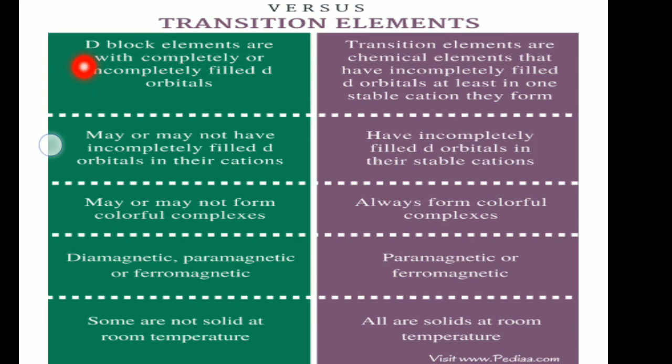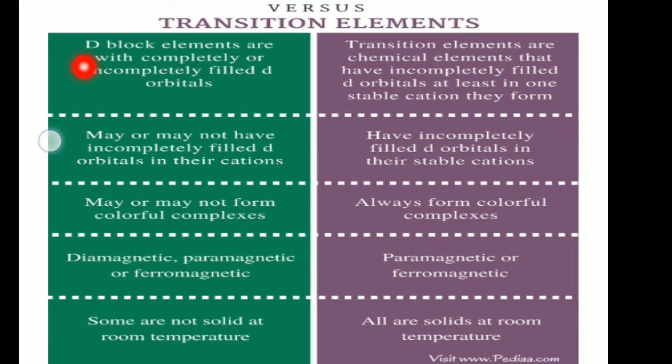D block elements are diamagnetic, paramagnetic, or ferromagnetic, whereas transition elements are paramagnetic or ferromagnetic. Para and ferromagnetic property is the main feature of transition elements.